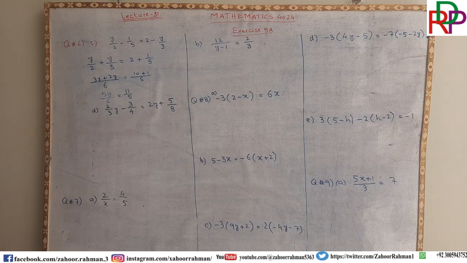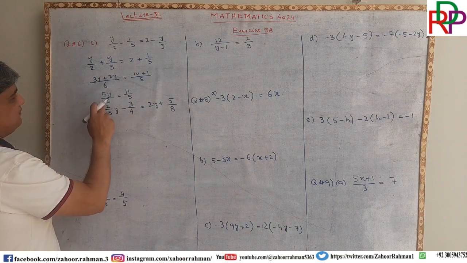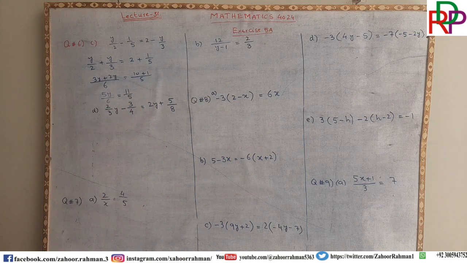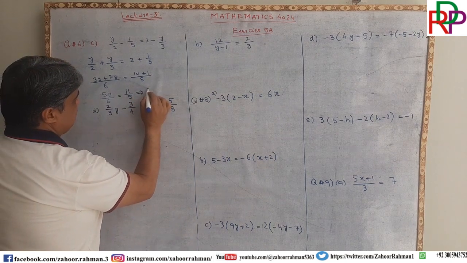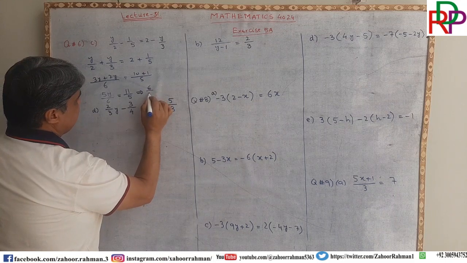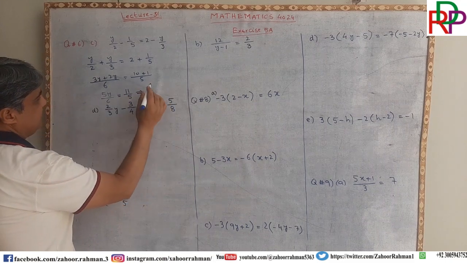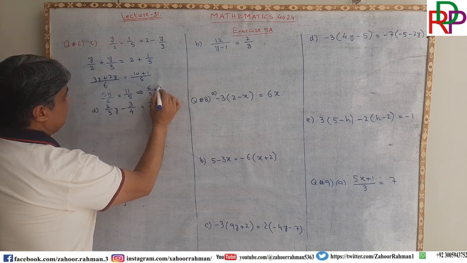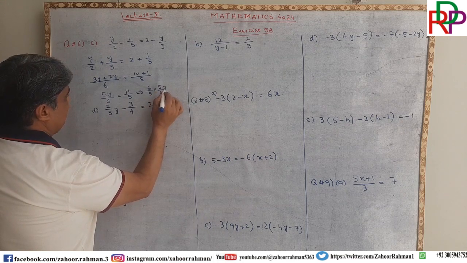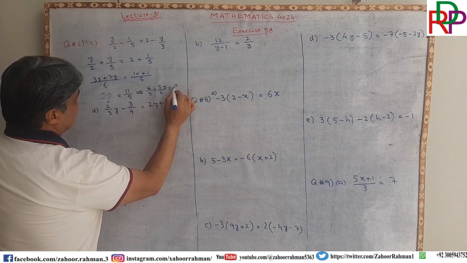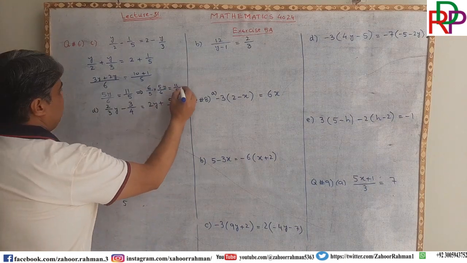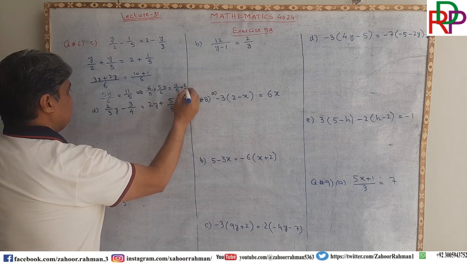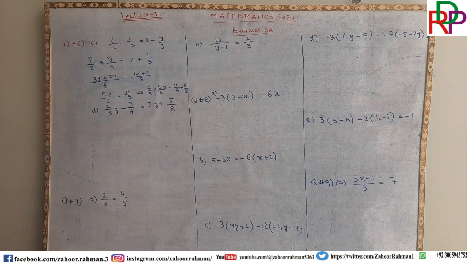Now we have to shift this 5 over 6 to the other side. Ladies and gentlemen, I told you yesterday that you have to multiply both sides by the reciprocal of this number, which is 6 over 5 on y, and on the other side we have to do the same, multiply 6 divided by 5.